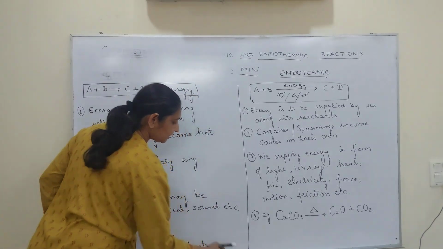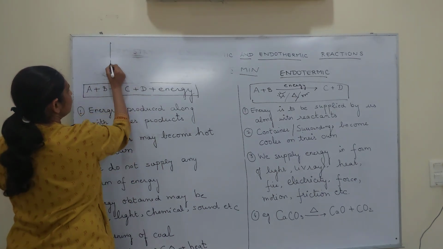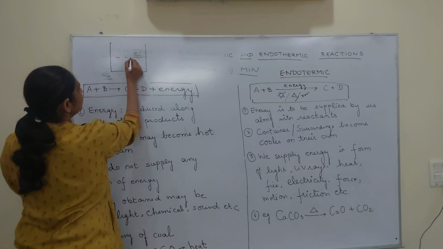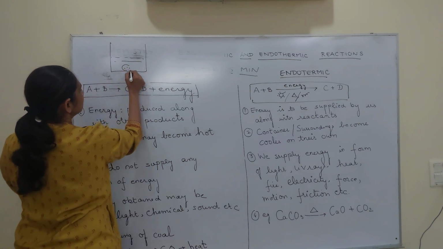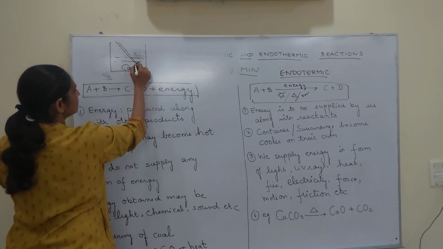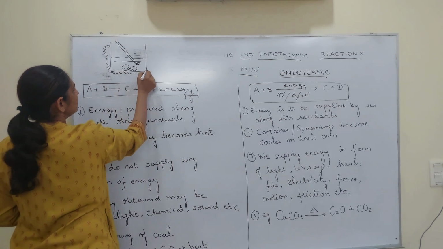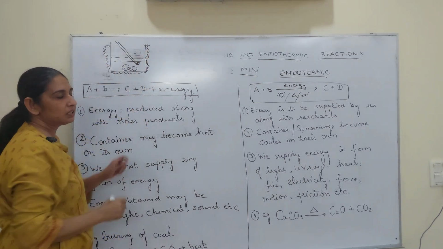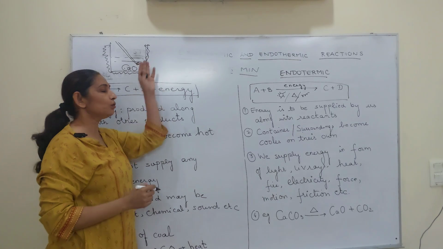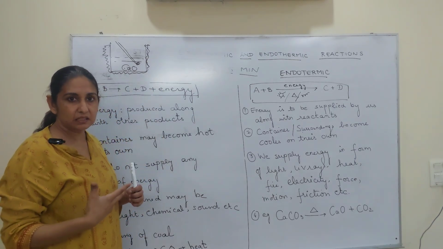calcium oxide, quicklime, being dissolved in water. You have quicklime and it is being dissolved in water. You will find that this entire thing becomes very hot. If you touch it or go close to this container, you start feeling that heat.